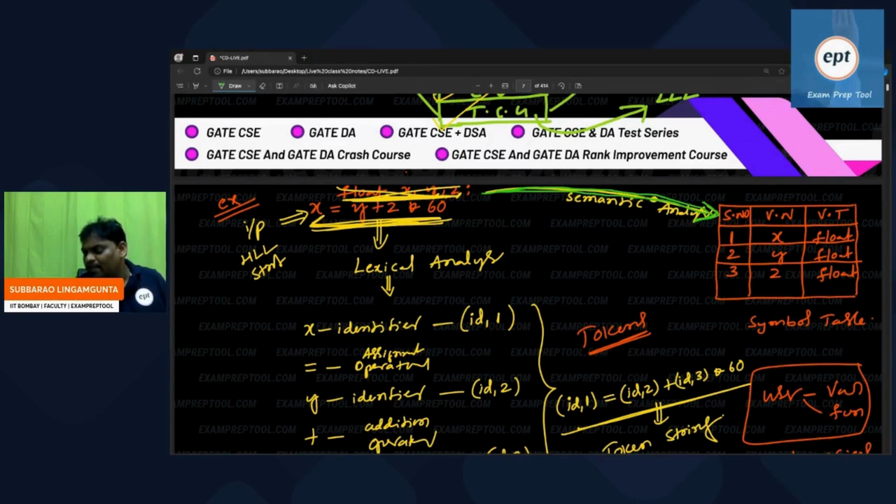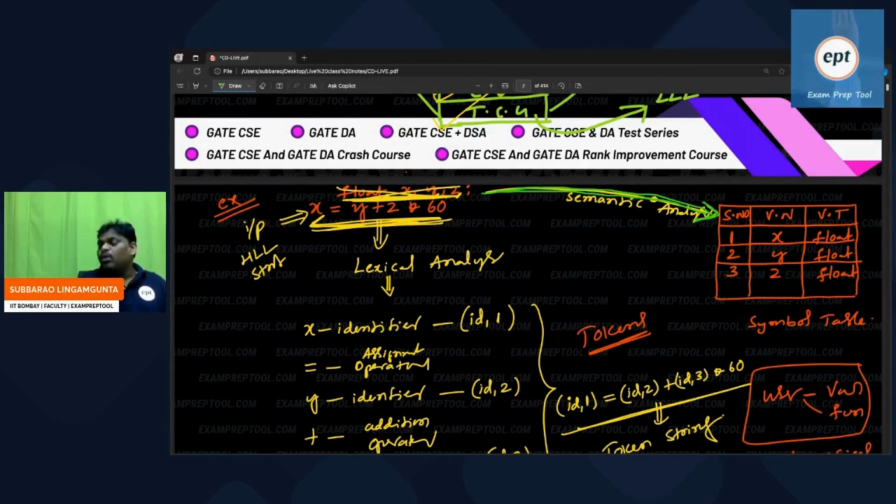You only want types, so you only will store. Be careful. If anyone asks why the semantic analyzer is storing types inside, you only want it. Whoever wants, they only will store. Who is using types? Semantic analyzer. So you only will store.